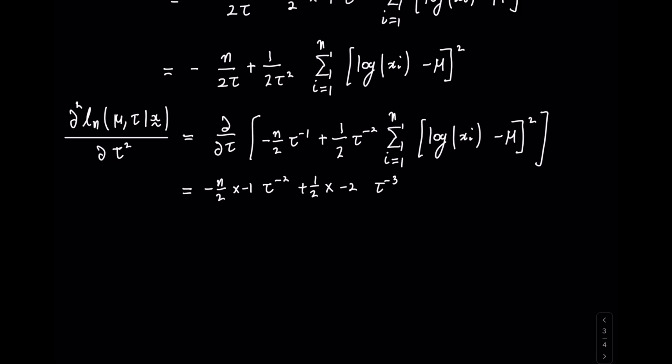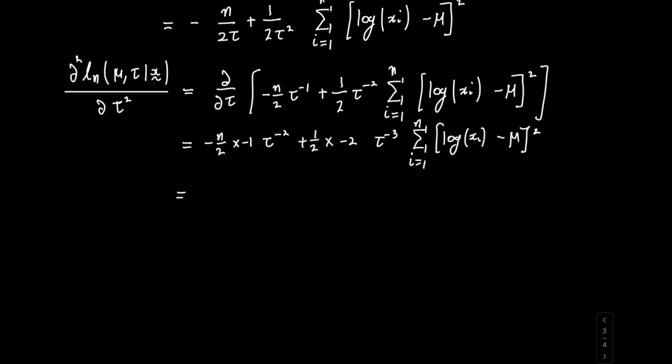And then of course we still have our sum, i equals 1 to n, of (log xi minus mu) all squared. And then as a nice reward and some nice simplification here, we're going to multiply these out. So that first term gives us n on 2 tau squared, which is a nice simplification.